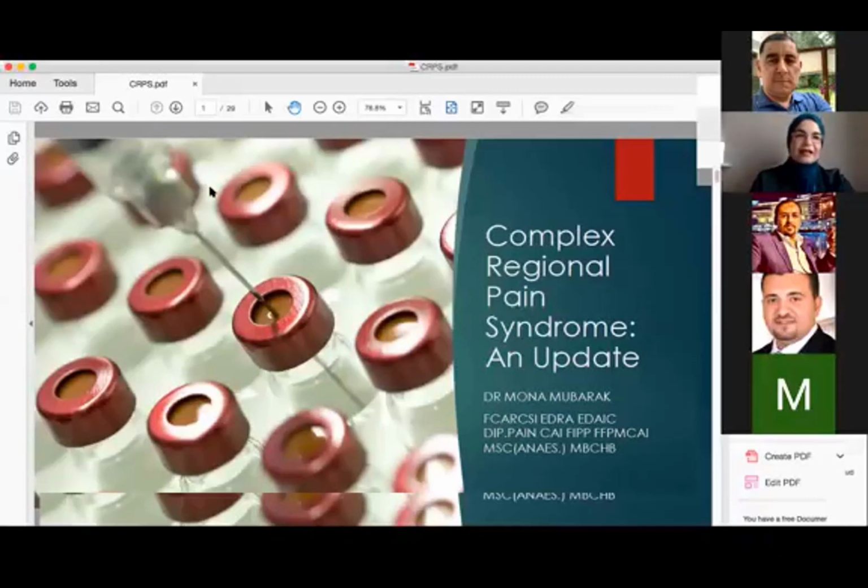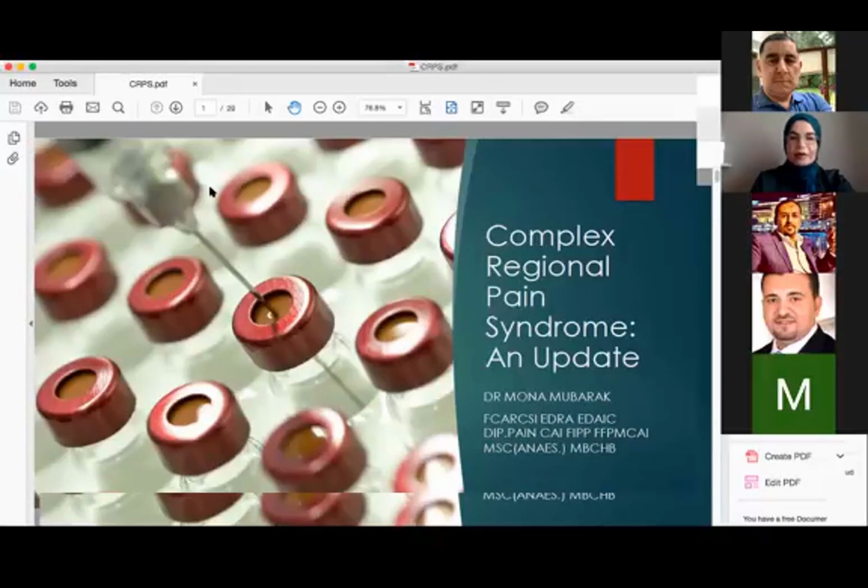There are historically some alternative names for CRPS. It was called previously reflex algodystrophy, causalgia, psoriatic atrophy, transient fibrosis, and acute atrophy of the bone.